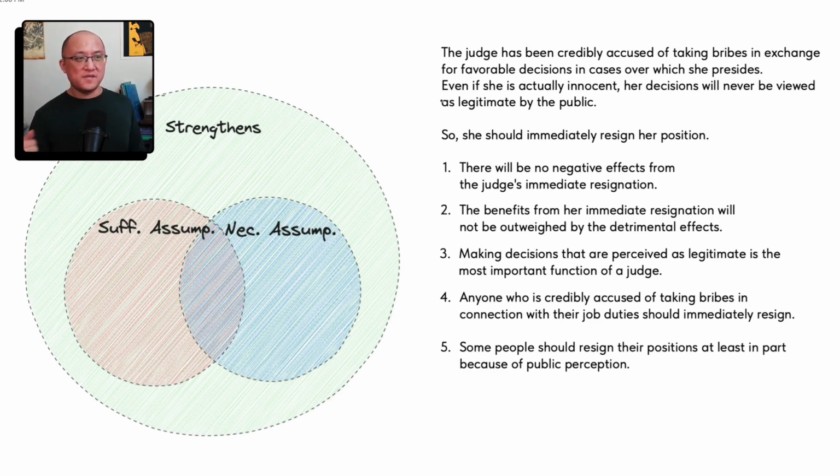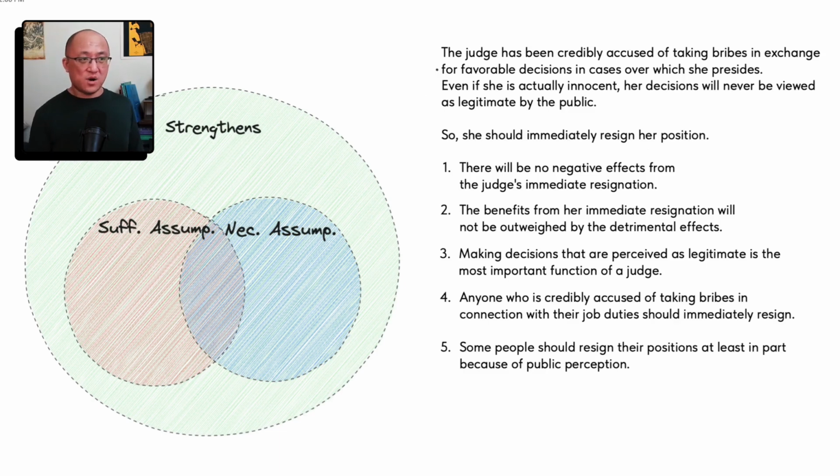What if the cases that she's handling are now going to be delayed? We have to weigh the effect of that downside against the benefit of having her resign. So that's one angle to think about this problem, weighing different factors, pros and cons of immediately resigning.